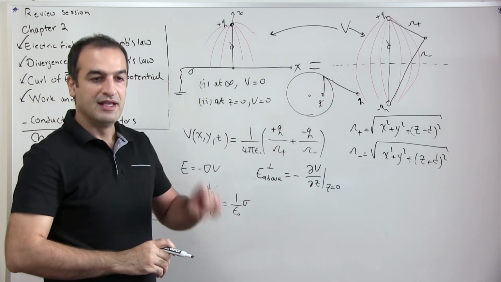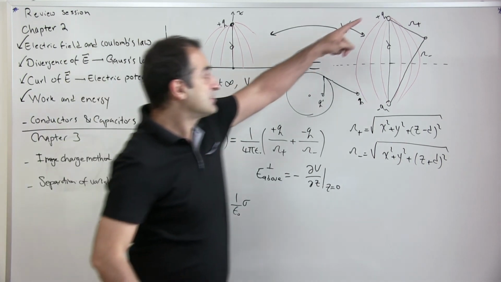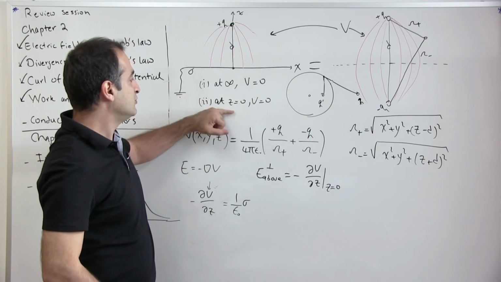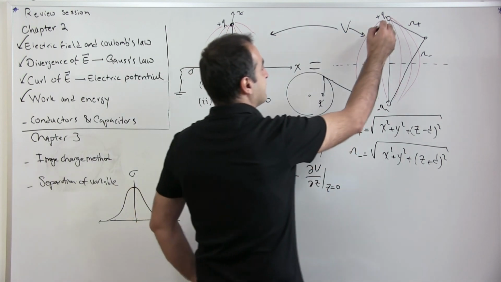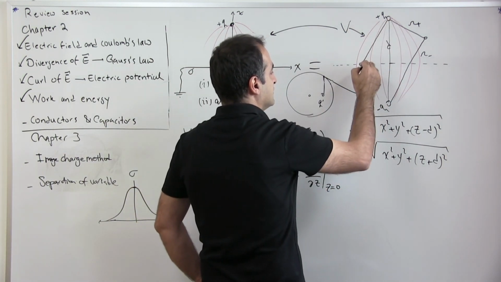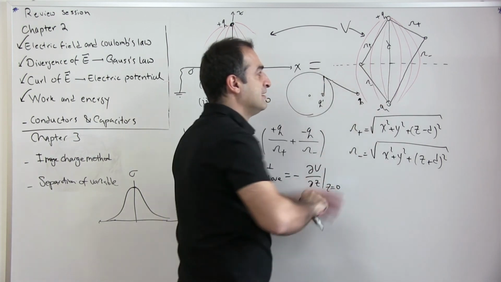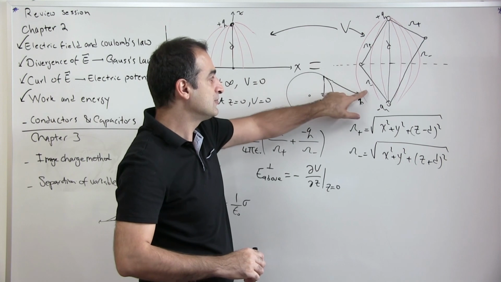and show that the potential is zero. Likewise, if I want to show that this charge setting satisfies boundary condition number 2, which tells me that at z equals 0, V should be 0, then I should focus on this and say this is r plus, this is r minus. Here specifically, because of the symmetry, r plus is equal to r minus.